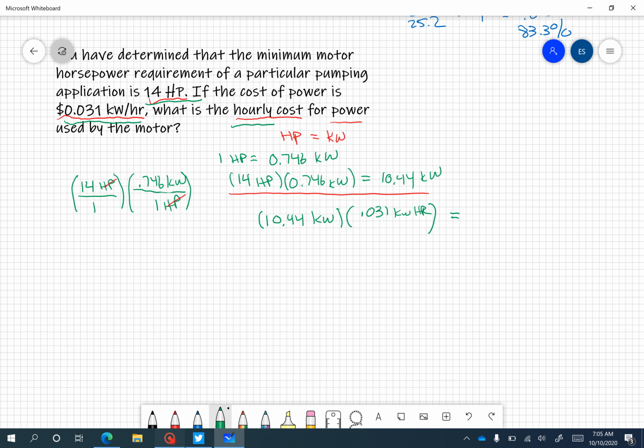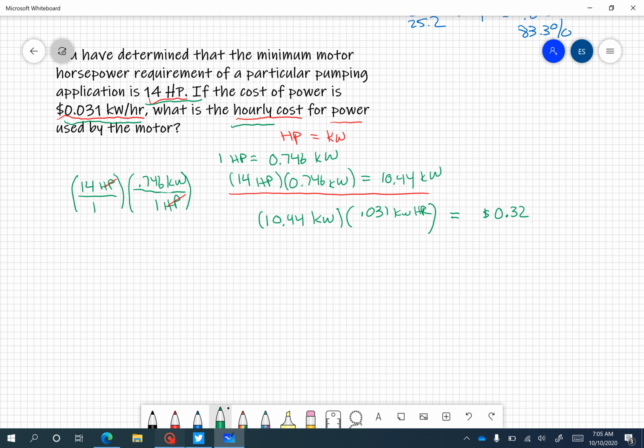Then it just becomes one more multiplication problem. 10.44 times $0.031 or 3.1 cents gives us a final cost of 32 cents. So that's how to do that problem.